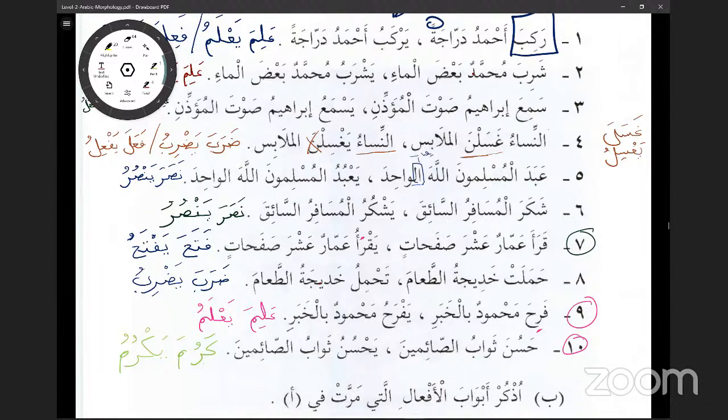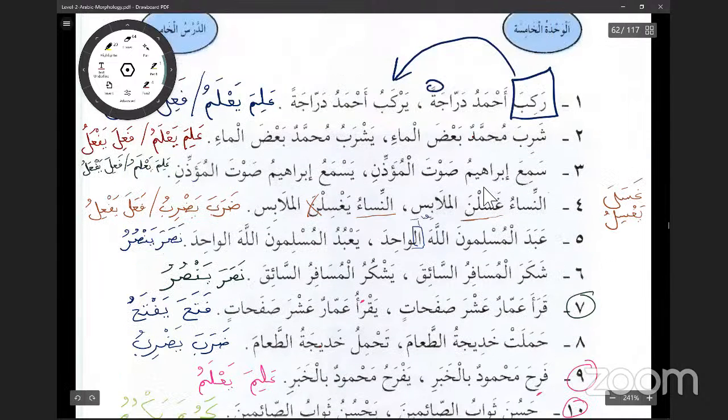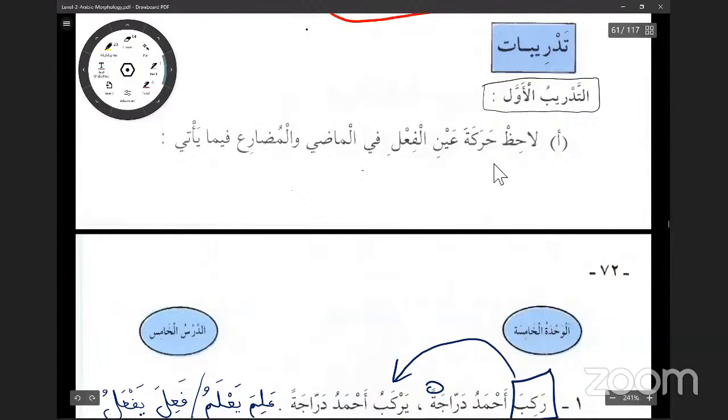It's not علم يعلم, it's the other way around. Kasra on the lam in the madi, in the past tense, and a fatha in the mudari, in the present tense. Shukran, Habibi. وإياك. So alhamdulillah, that wraps up the تدريب الأول.